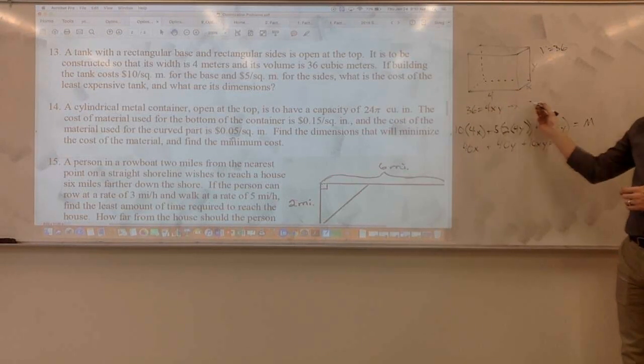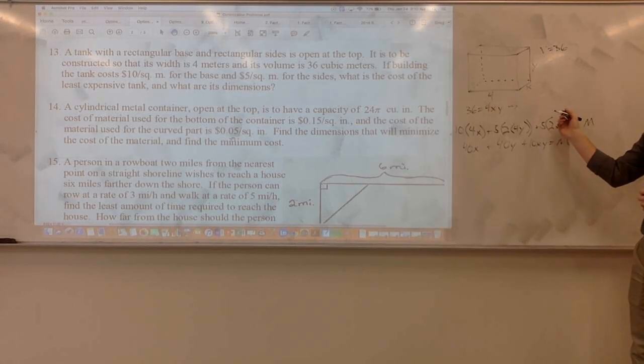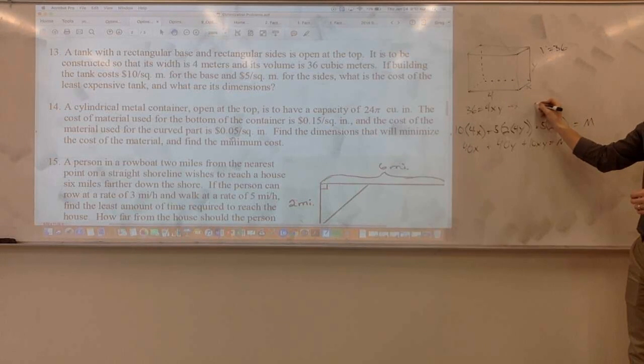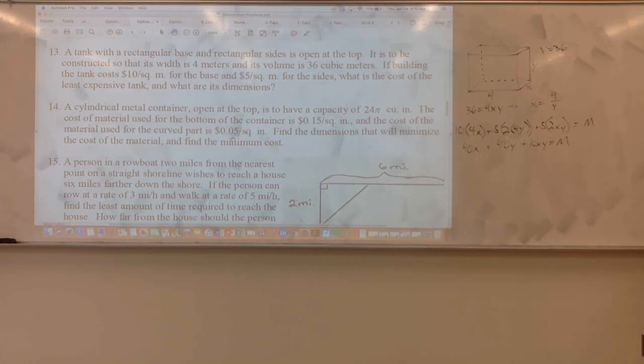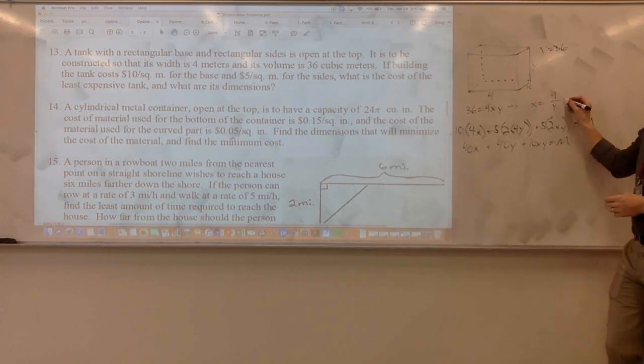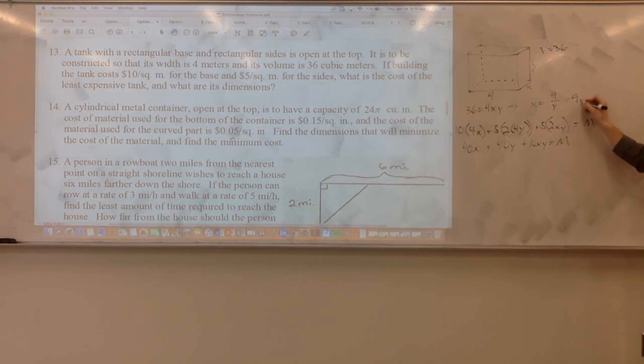Alright, so if we solve for x, I would divide both sides by 4y. So we would get x equals 9 over y. Now we'll plug it in. I will replace all of my x's with 9 over y, or 9y to the negative first.